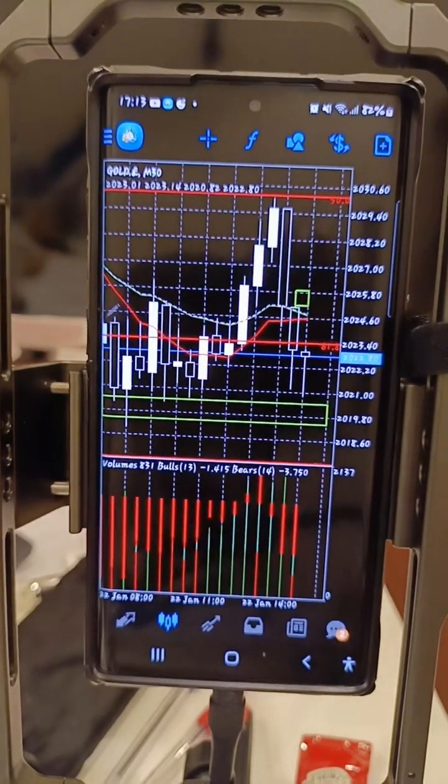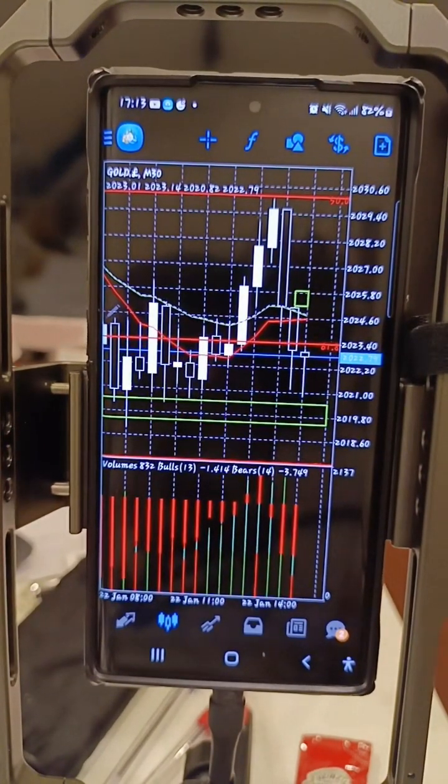Okay, so that's how I look at the instrument.